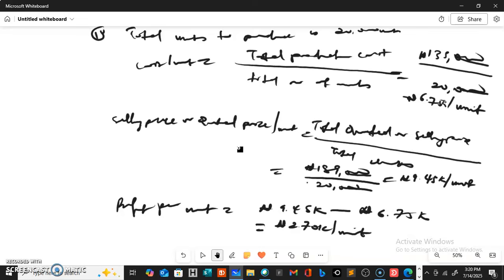We've been able to consider our cost price based on the resources used for production, that is the direct labor, direct expenses, and direct material used. In some cases, we may have overhead. We're going to look at that later in the subsequent videos, and also at batch costing. So this is how to calculate your job costing.